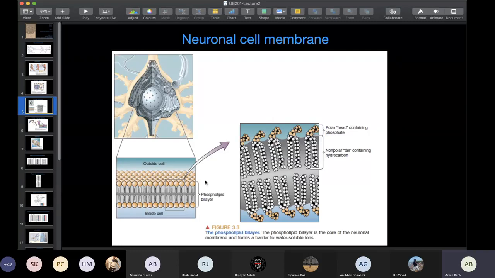So almost nothing dissolved in water can pass through this. But later we'll see that there are proteins embedded in this membrane which selectively allow certain molecules to go in. That's how the potential difference is maintained and the electrical signal is transmitted, and it also gives structural stability to the cell.